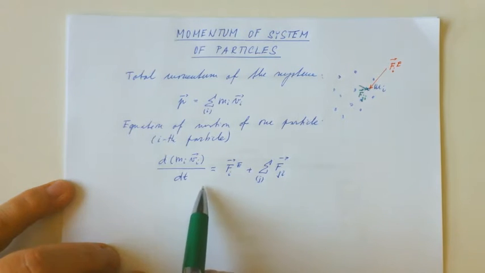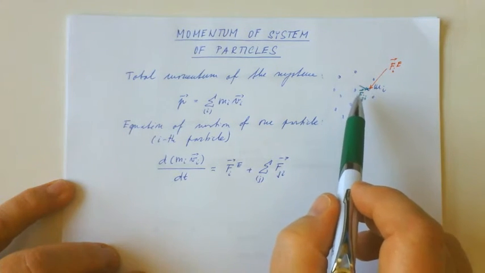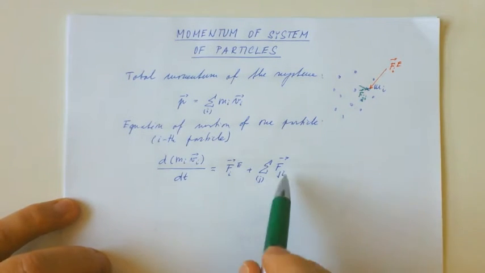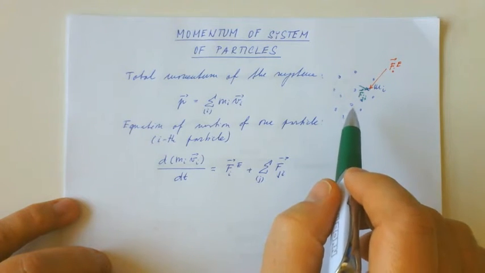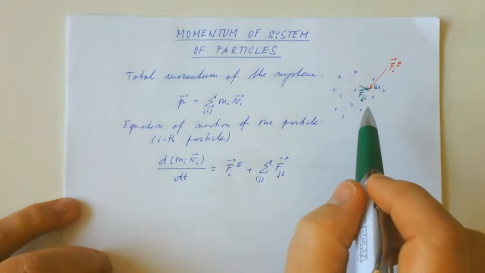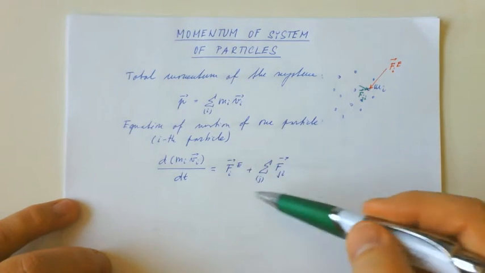Okay, so this is an equation of motion of one selected particle, and we can write as many equations as many particles we have.